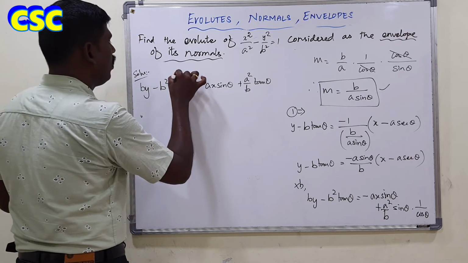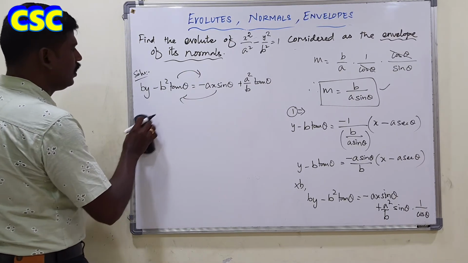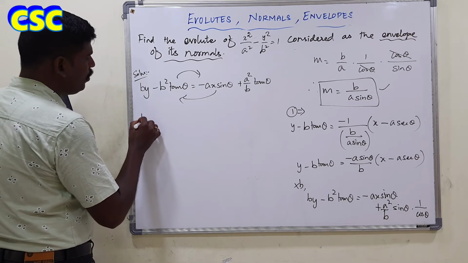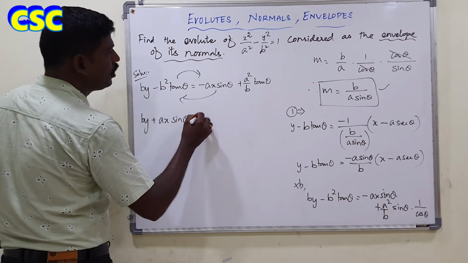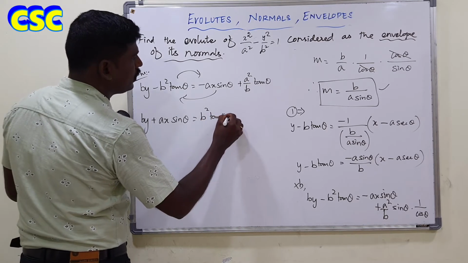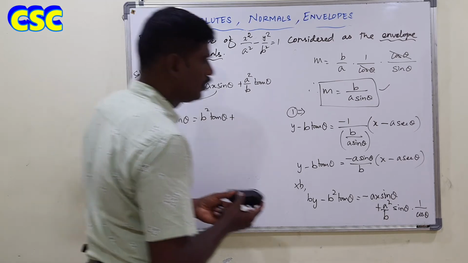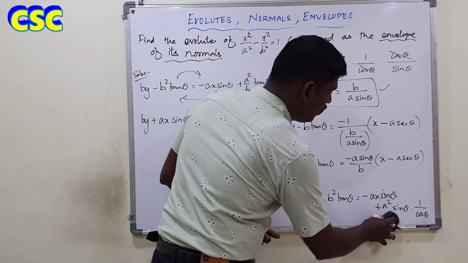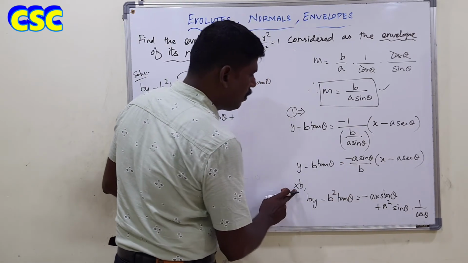Now I am taking this tan theta to the left hand side and this to the right hand side. Sorry, what am I mistaken here? The b does not come here, isn't it? Multiply by b.